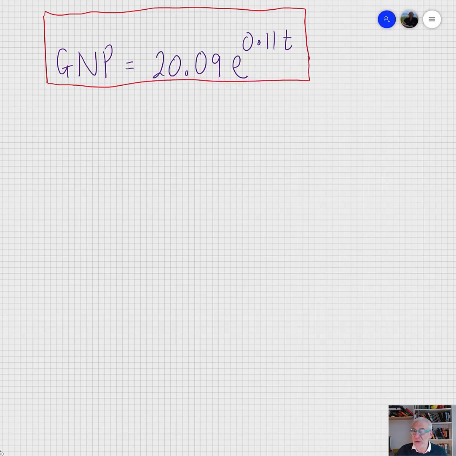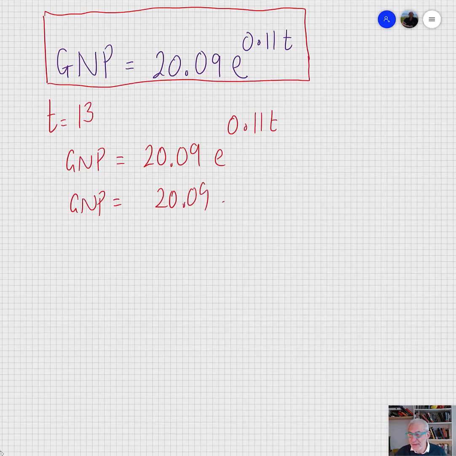And then we can use that model then to predict one point that we didn't have. So let's just say we had t equals 13, and the GNP in 13, if the model is correct, is GNP equals 20.09 e to the 0.11 times 13, and if we run that number into our calculator, what comes out is, well, let's have a look, shall we?